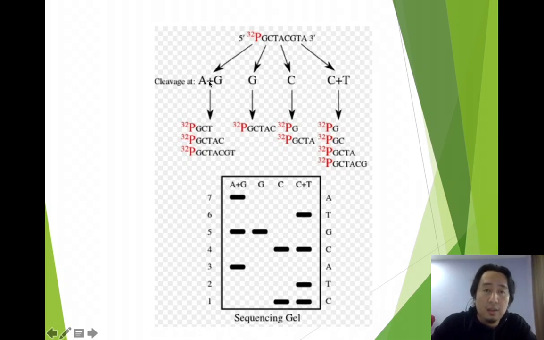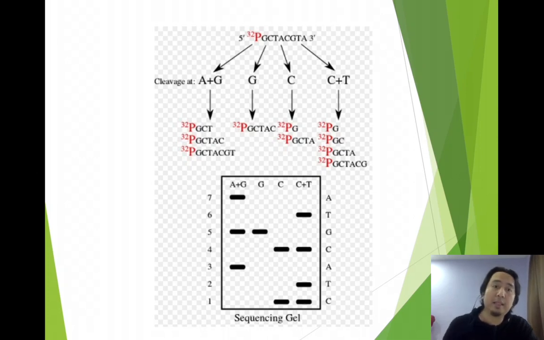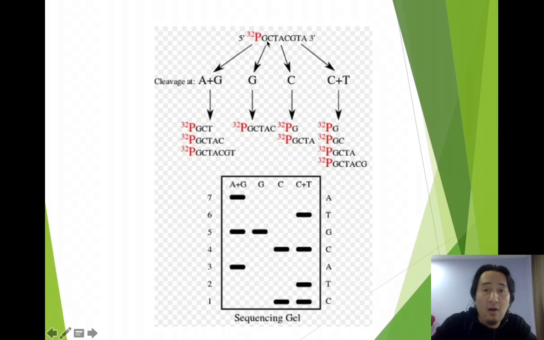So in test tube number 1, okay, they will add formic acid. So formic acid will modify A and G along this sequence, right? So for example, this is the full sequence, right? The first base here is A, right?